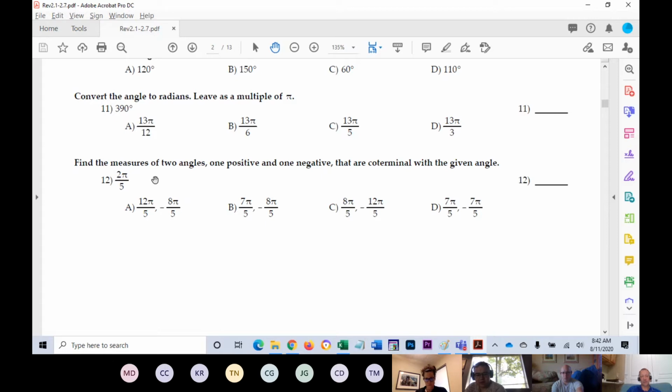In this case, you'd do 2 pi because that's one full rotation. Yeah, you're adding and subtracting 2 pi. And then you just need to get a common denominator. Perfect. Okay. Thank you.